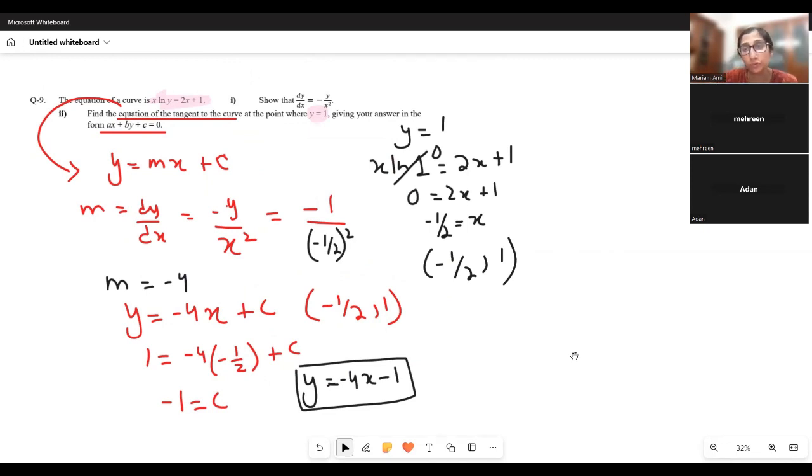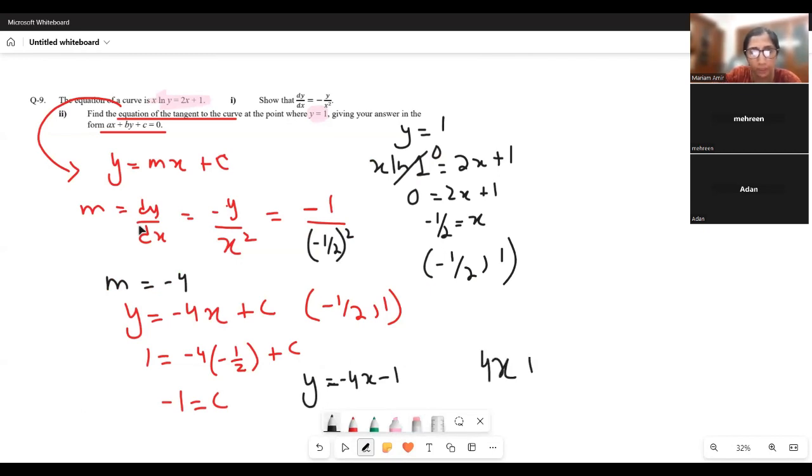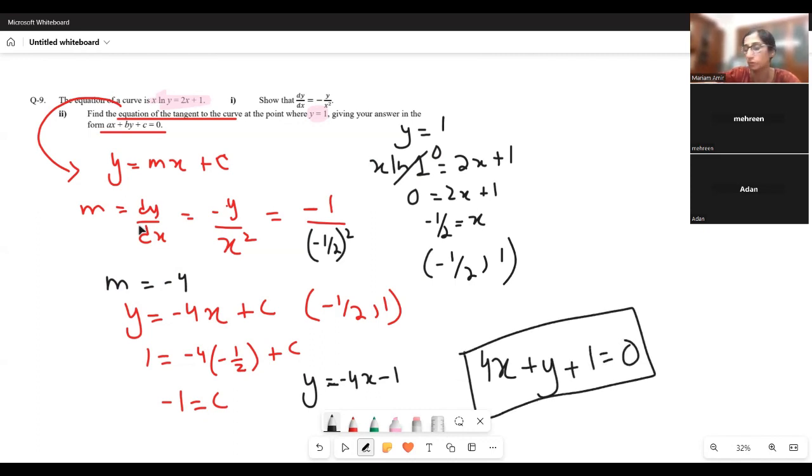However, I will lose marks for leaving the answer like that, because the question has a special requirement for the form of the answer, ax plus by plus c. So rearrange. This is not the final answer. It should be 4x plus y plus 1 equals 0. This will get you full marks.